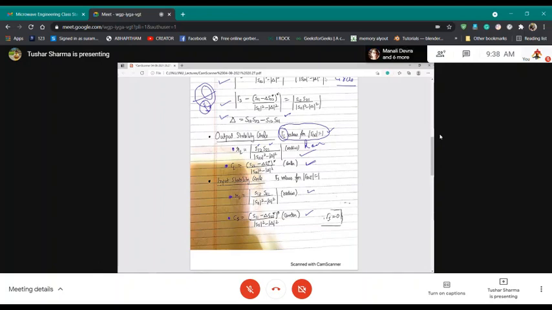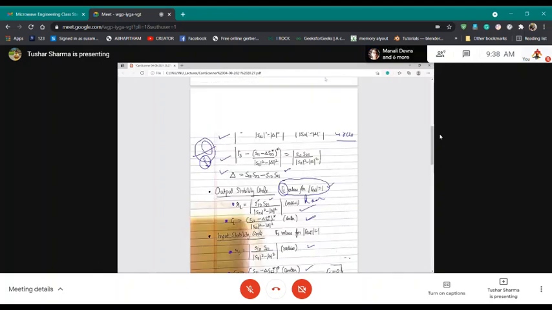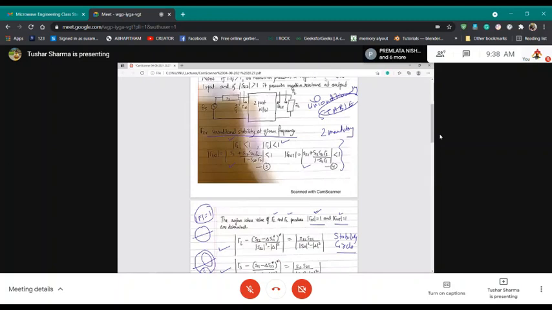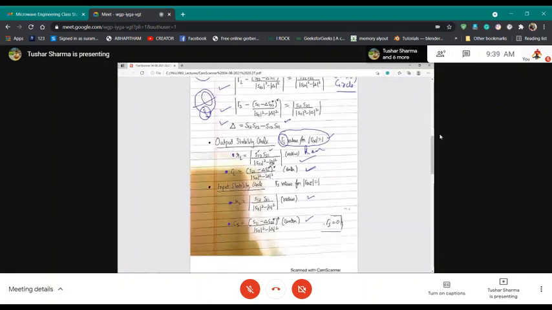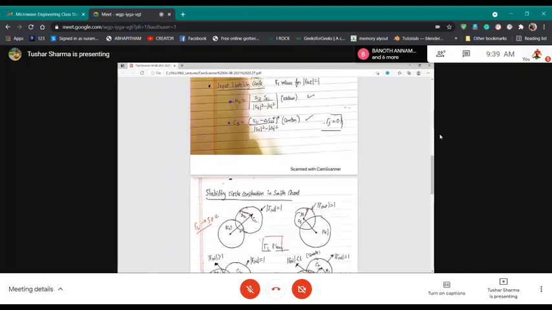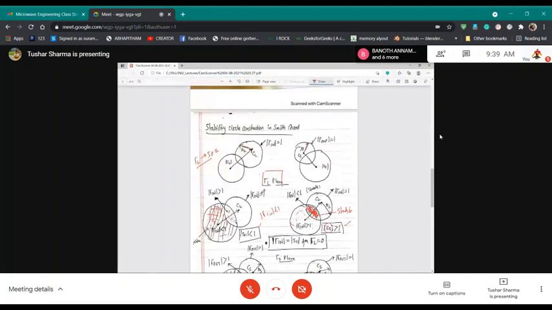Depending on the magnitude of your S11, you will calculate RL, CL, RS, CS, and you will plot the circles first, and after that you will identify which one is what.